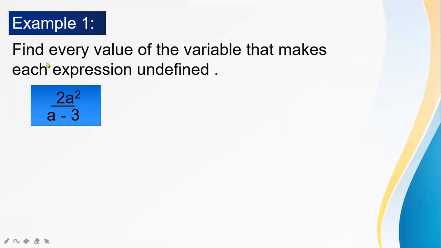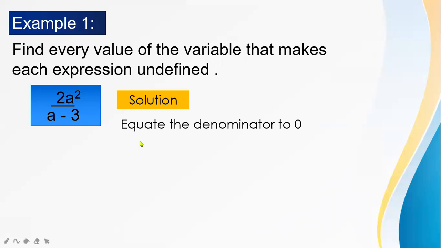Example number 1. Find every value of the variable that makes each expression undefined. So let's say this will be your expression, 2a squared over a minus 3. Solution. First, all you have to do is equate the denominator to 0.